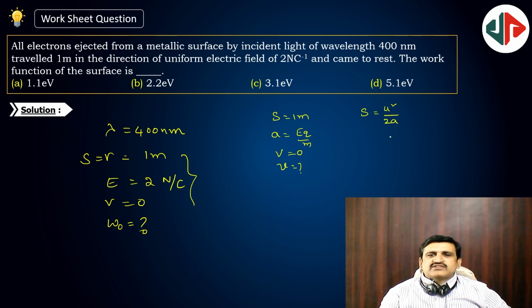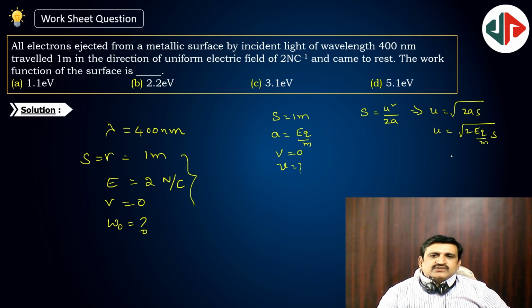We want velocity. From this, velocity is equal to root 2AS, that is velocity equal to root of 2 EQ by M into S. And these are all known things only.